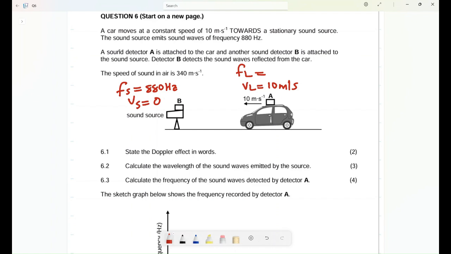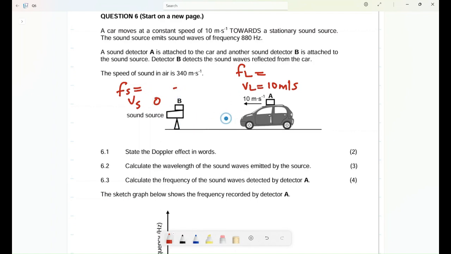All right. Now they say a sound detector A is attached to the car. So it is a sound emitter, but it also has a sound detector. I want you to take note of this. The sound source will emit waves, or rather frequency, to the listener, to the car. Let me use A for the car. But the car will return the waves, or rather the frequency, also.